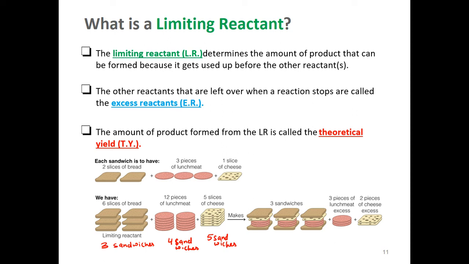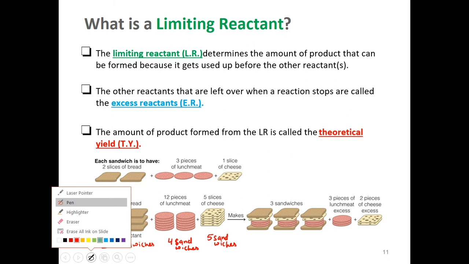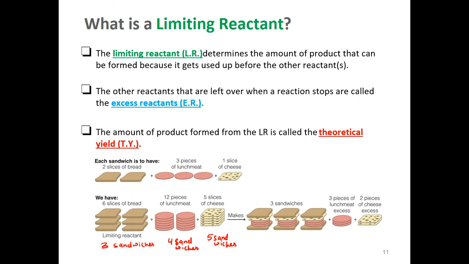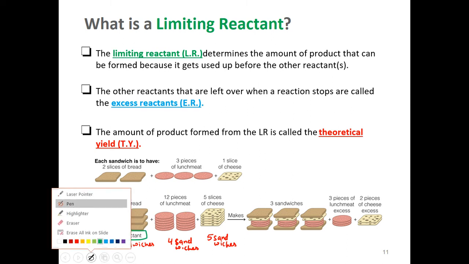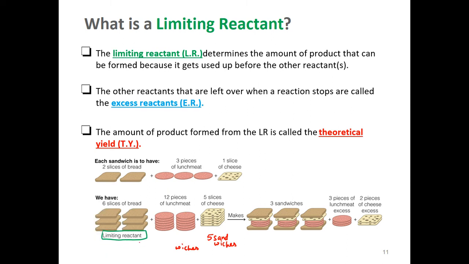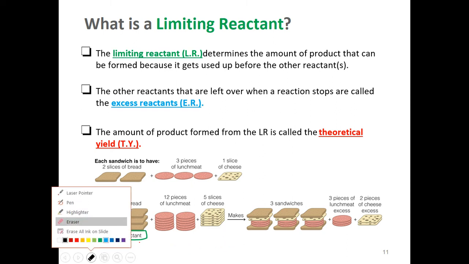We have 3 leftover pieces of lunch meat and we have 2 leftover slices of cheese. So, in terms of the chemistry vocabulary here, I'll use the same colors. The limiting reactant is the bread. Okay, the excess reactants are the cheese and the luncheon meat.